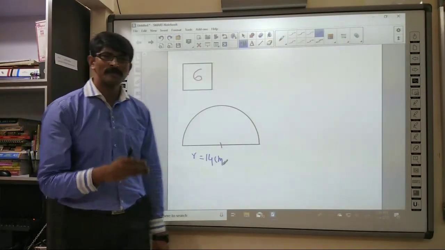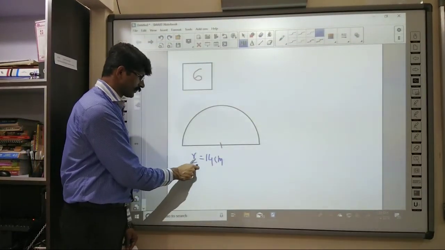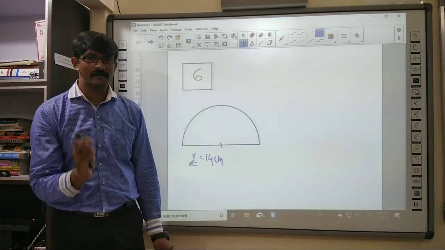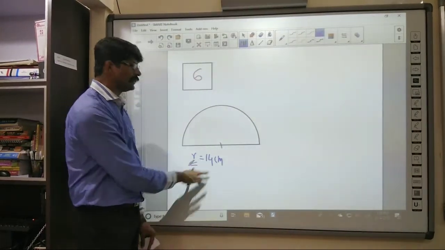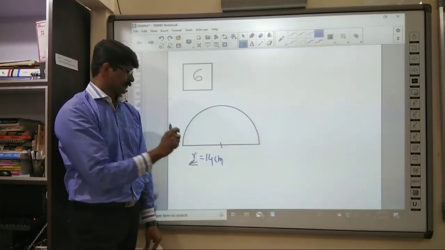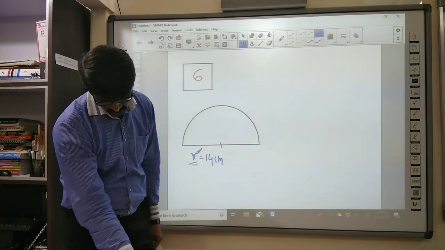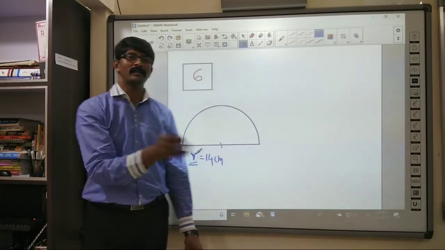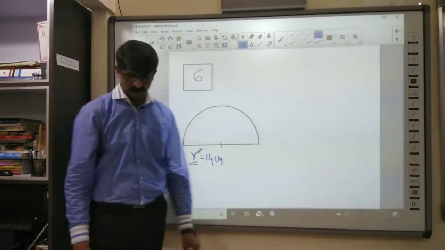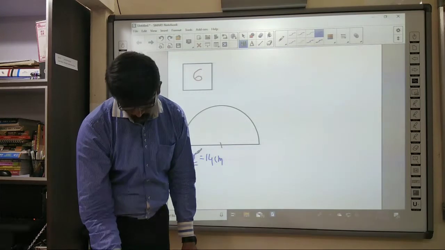So students always remember, you have to always write it down here radius. If you write radius and then read the sum, your substitution will never go wrong. What is the radius? The radius is 14 centimeter. If there is a diameter, then divide it by 2. Isn't it very simple? It is to bend an open conical cup.